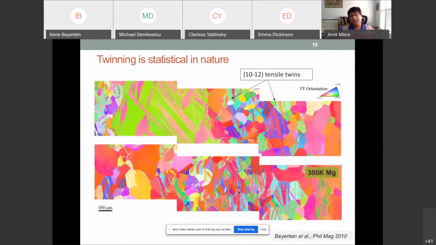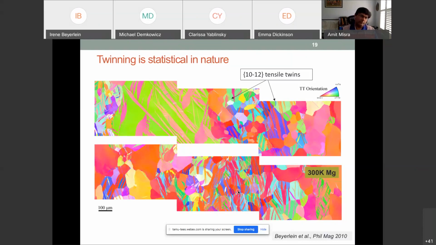Or maybe you have a twin front where the twin is moving by facets, which, if we have time, we can get into later. But those types of defects can move back and forth, and that is another mechanism that's being proposed for deformation twinning.